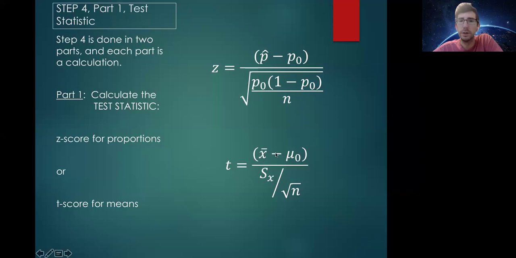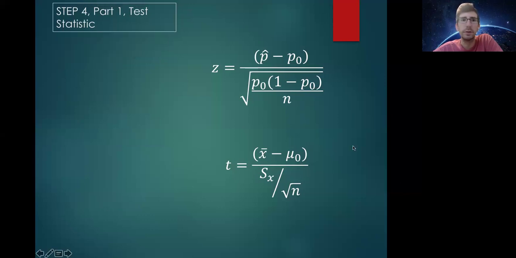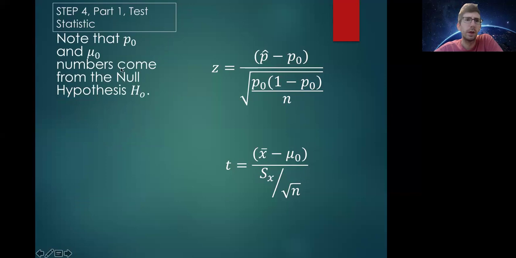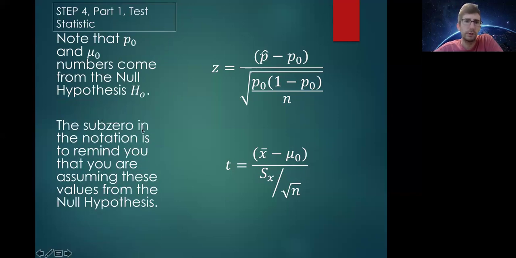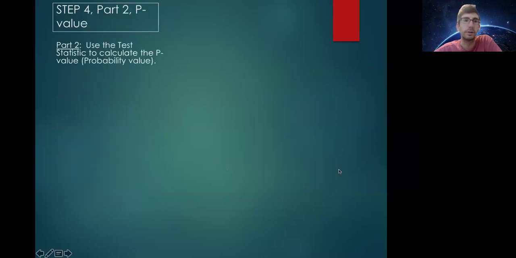We're going to take our sample mean, subtract it from the mu naught, the population mean in our null hypothesis. Right? The sub-zero in the notation is to remind you that you're assuming these values from the null hypothesis. So again, we're given all these values from our problem. We just need to plug them in and calculate the actual z statistic or t test statistic.